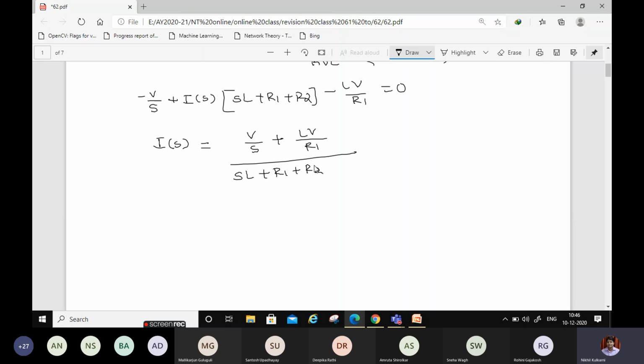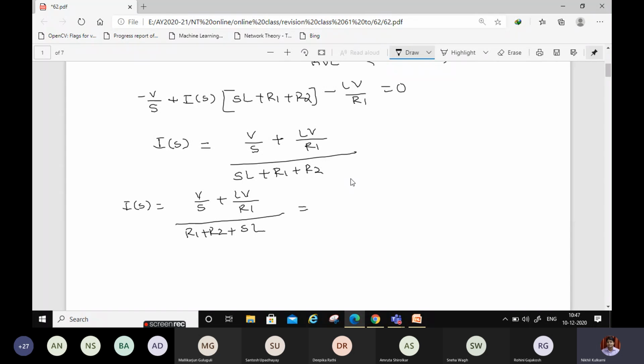So we can write I of S equal to V by S plus L into V upon R1, divided by R1 plus R2 plus SL.